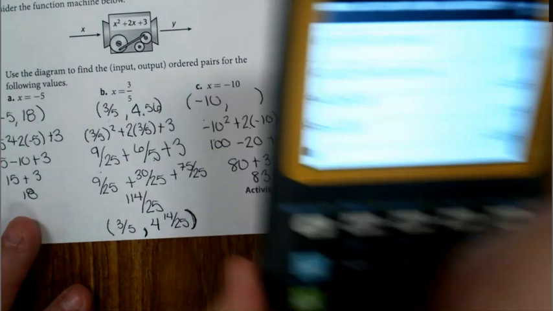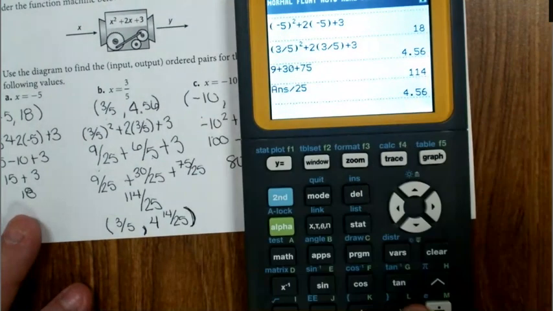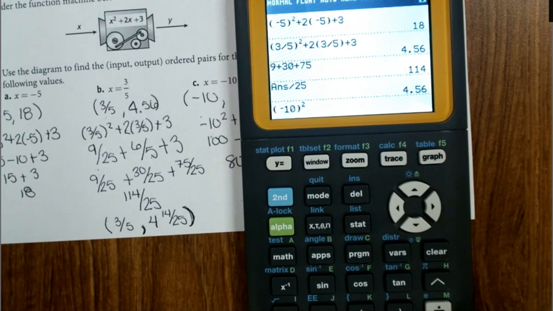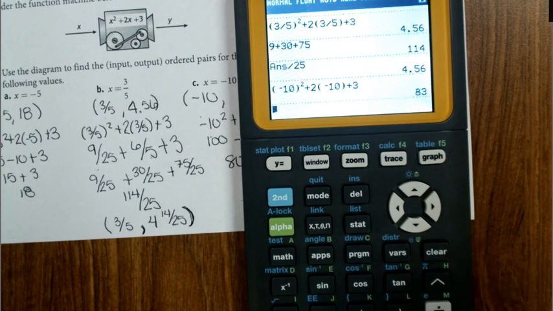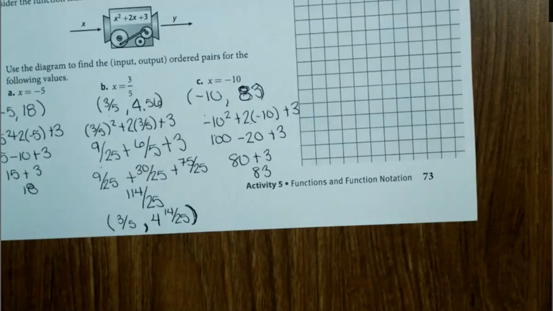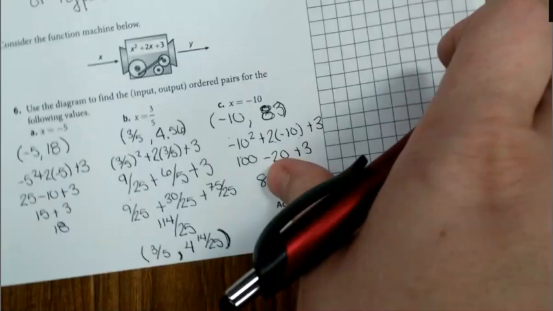I'm going to use my calculator just to double check my math. So I got negative 10 to the second power plus 2 times negative 10 plus 3. Gives me a value of 83. So now I've listed these as ordered pairs, but I started out with an expression. Let's move to question 7.